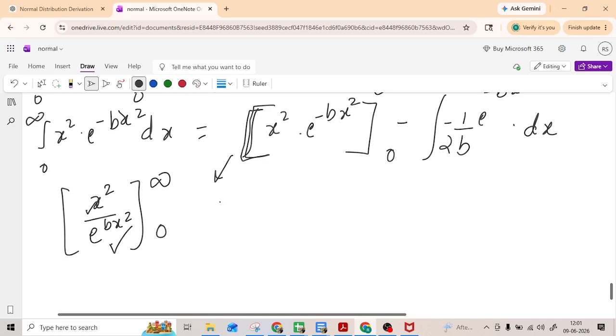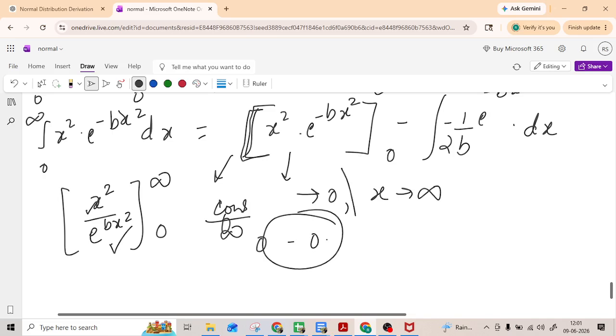That would essentially mean something constant by infinity, which would become 0, right? So this specific term tends to 0 as x tends to infinity. So the first term becomes 0, and then minus, again in the same term, 0 into something which would become 0.